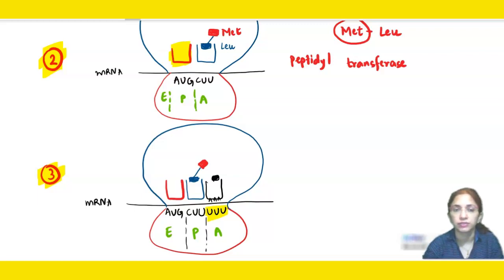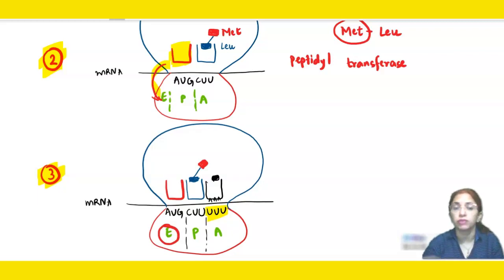So this transfer RNA, which is of no use as the ribosome assembly moves ahead, will become part of the E site or the exit site, right? As the walking continues, this transfer RNA has come to the E site.